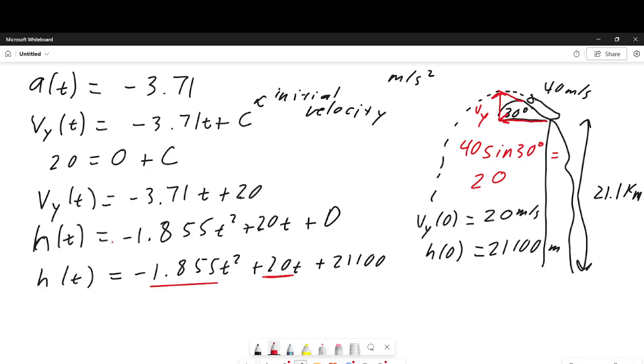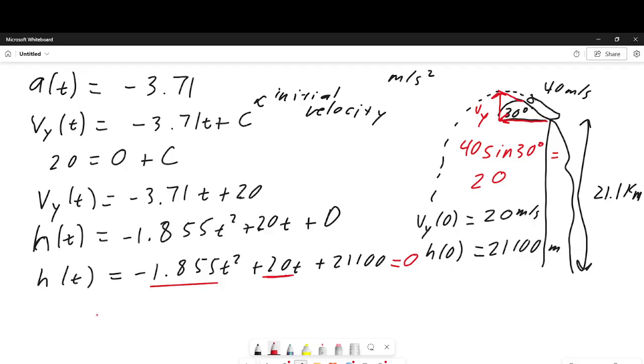Now we're also asked, when does it hit the ground? So set this equal to 0. Now this is an algebra problem. We use the quadratic formula. I was thinking of trying to find the max, which you could do by setting the derivative equal to 0, but no, we're going to have to use the quadratic formula on this one.